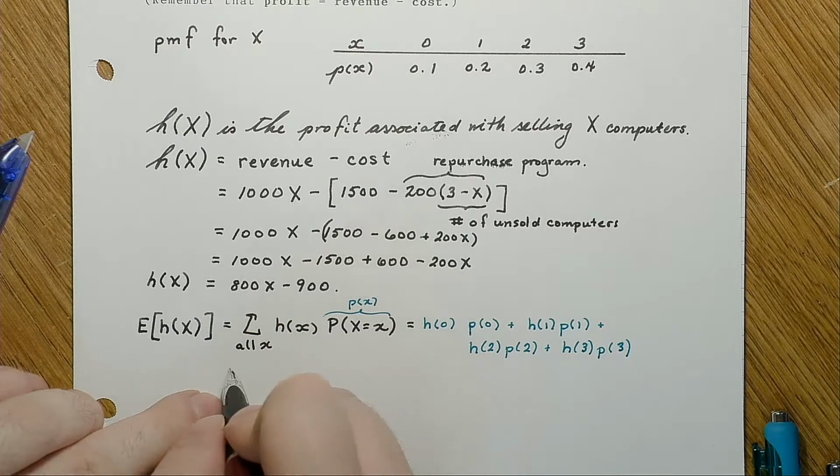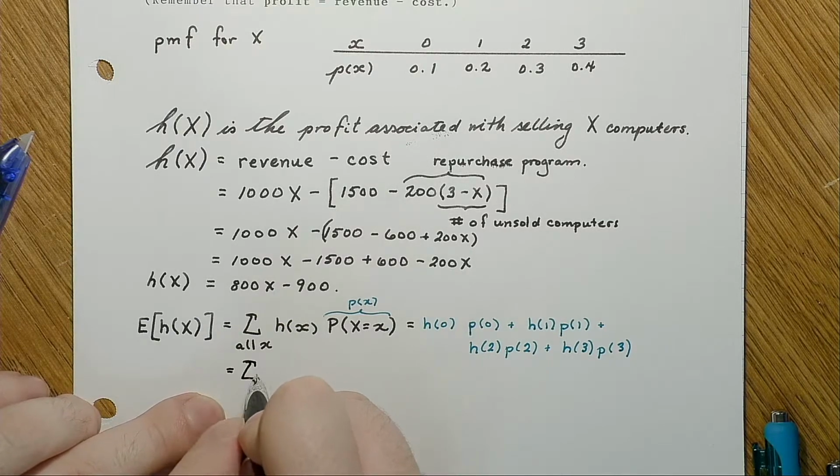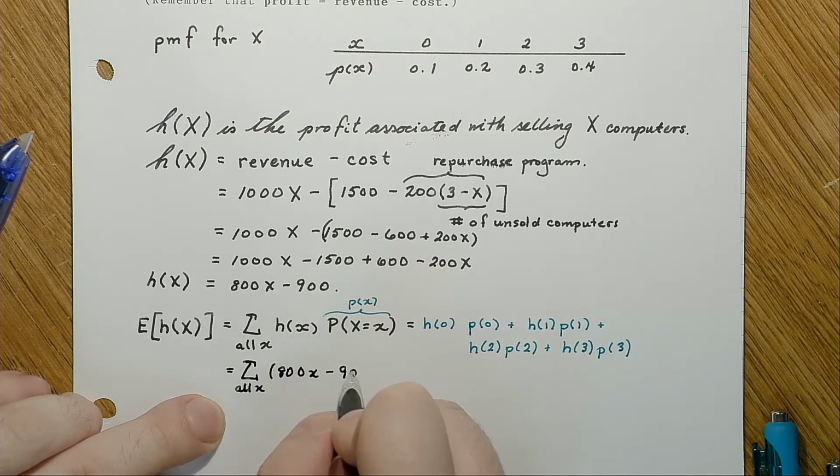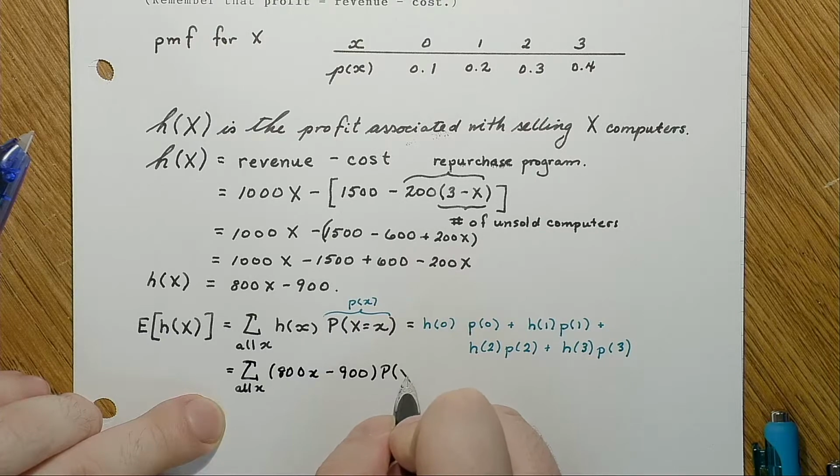So again, what I can do here is I have 800 little x minus 900 times its associated probability.